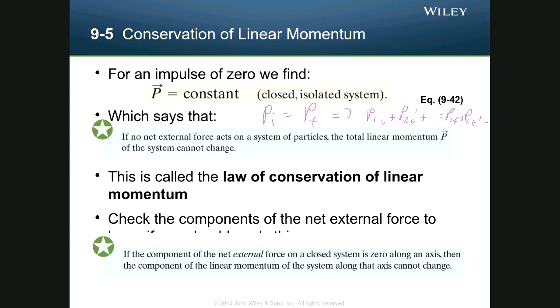So it's possible, for instance, to have a vector, say P equals 3i plus 0j plus 0k. So momentum is conserved in the y and z axes. Momentum is not conserved in the x-axis in this particular case.